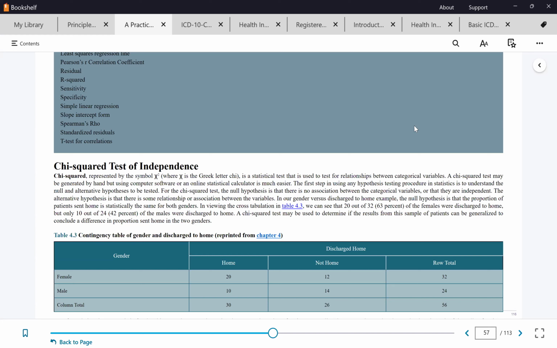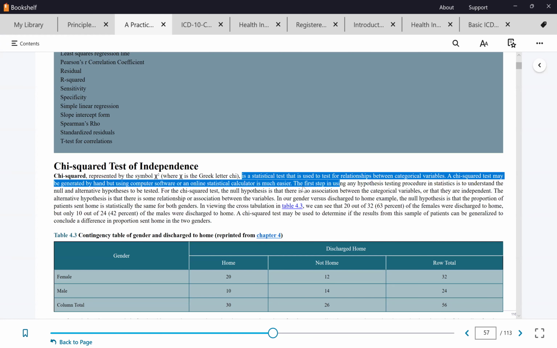So, for instance, with chi-squared, you see that it is, in fact, a statistical test that's used to test for a relationship between categorical variables. It may be generated by computer software or an online statistical calculator. So basically, it's talking about the relationship between these two variables.